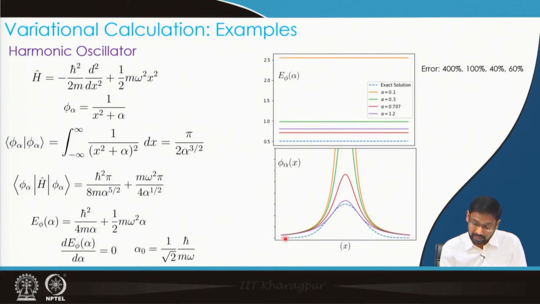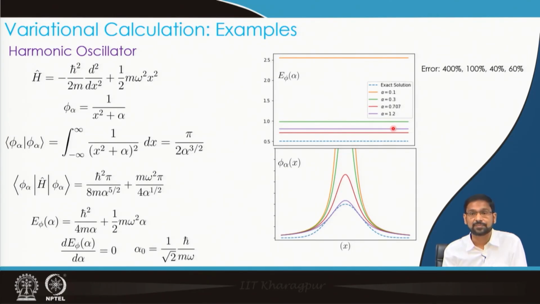But compare this with alpha equals 1.2, where the energy is worse than the energy for alpha equals 0.707, the true value. In this case you would realize that perhaps alpha equals 1.2 makes a better description of the wave function as compared to alpha equals 0.707.